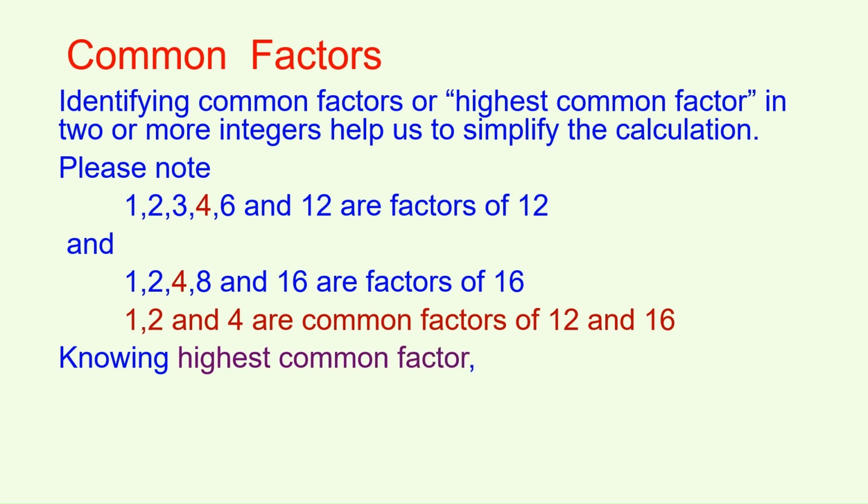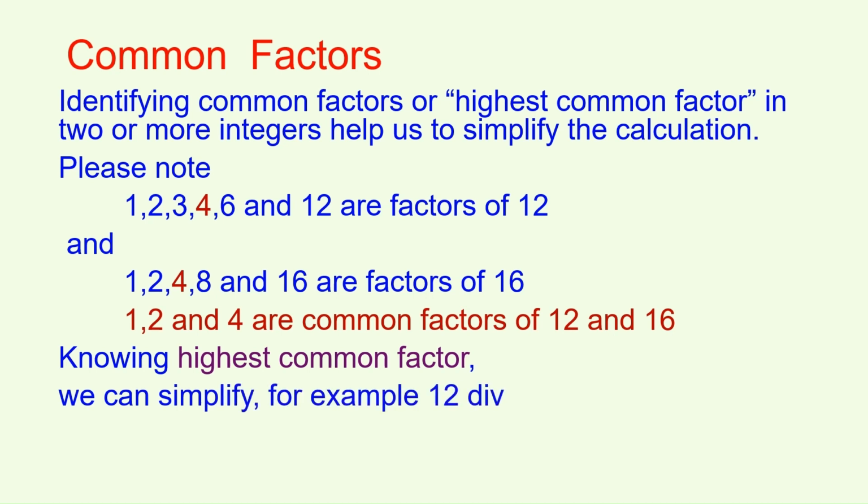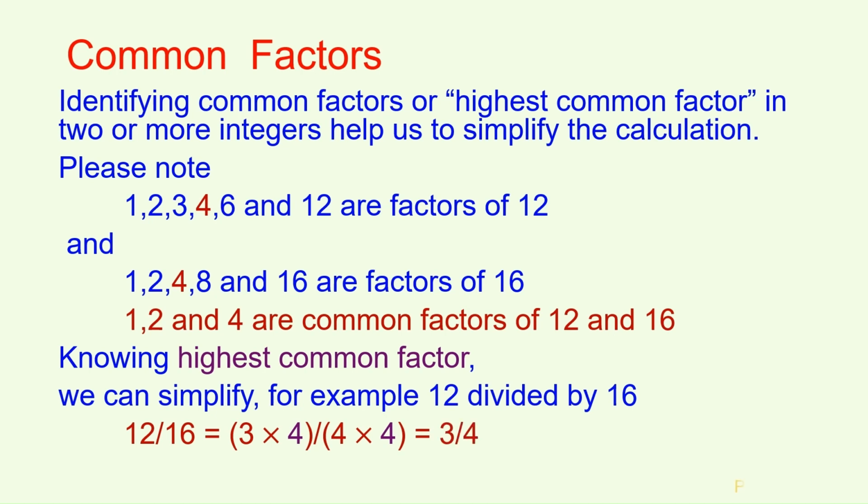Knowing the highest common factor, we can simplify expressions. For example, 12 divided by 16 equals 3 times 4 divided by 4 times 4, which equals 3 divided by 4.